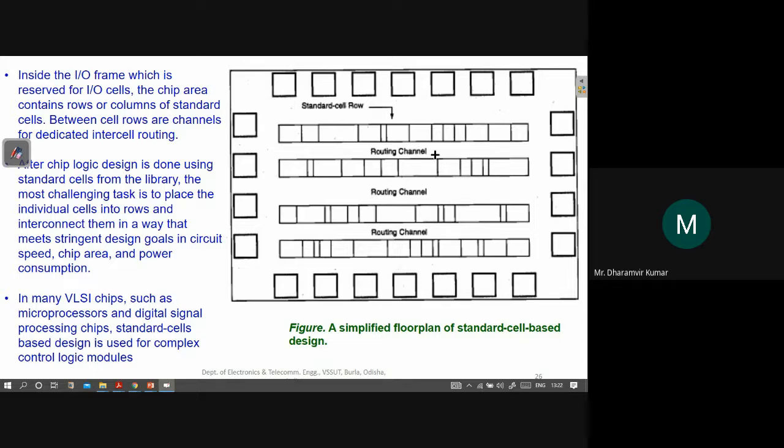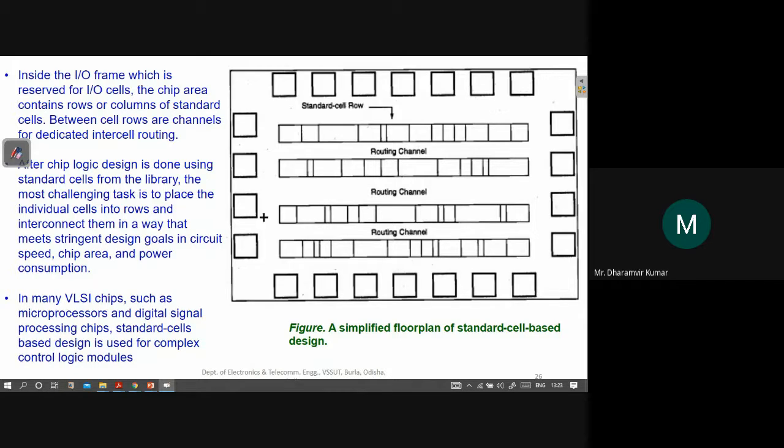That is why they are known as routing channels here. Then there are different squares present around the periphery of the chip, which are known as pin positions. They will locate the input and output pins, IO pins, which will be there on this chip.